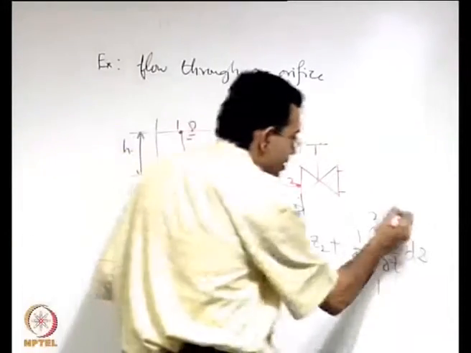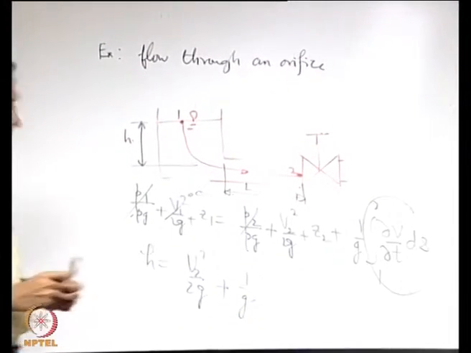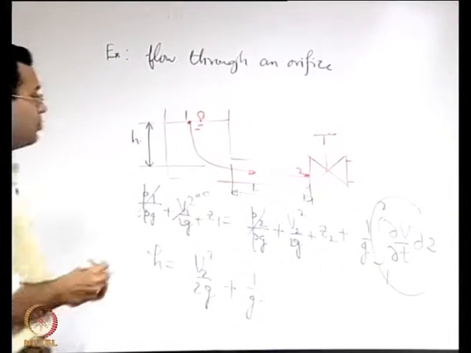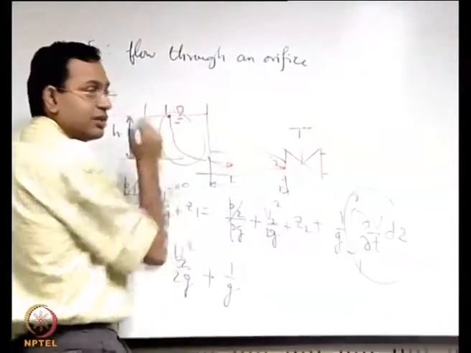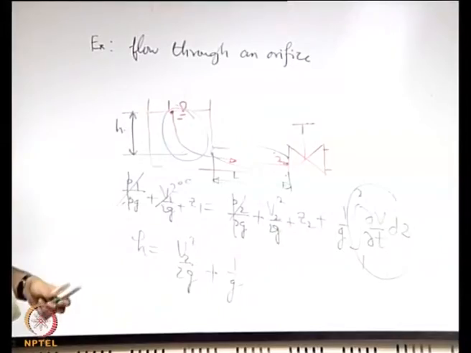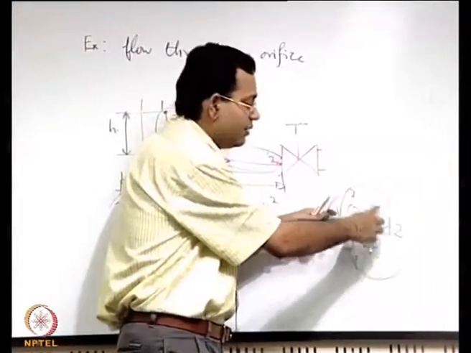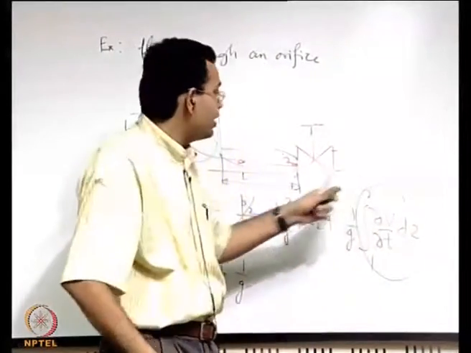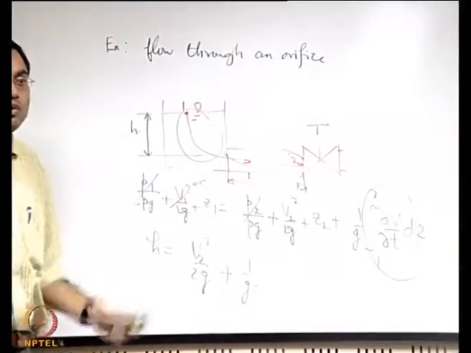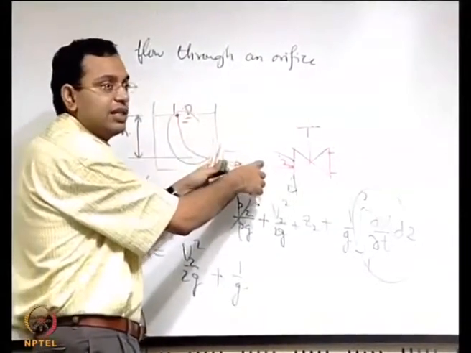Now, we have to approximate this term. It clearly has two parts. One part you may consider within the pipeline and another part within the tank. At each and every point you are locally finding the time derivative of velocity and integrating this over the entire length. You are doing it by considering this part and this part.